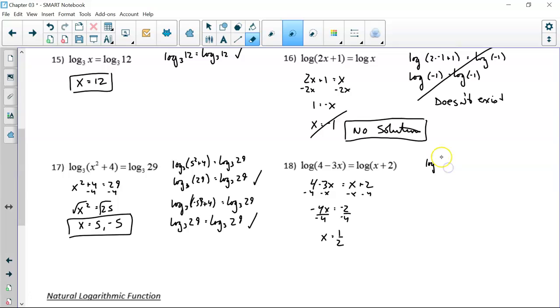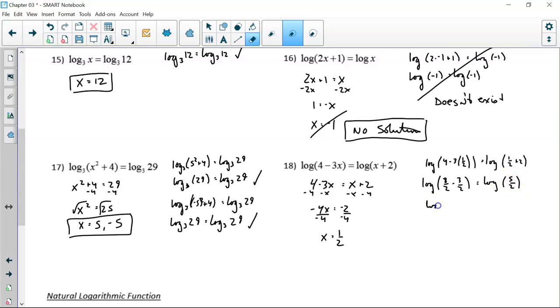Log of 4 minus 3 times 1/2 equals the log of 1/2 plus 2. So it's the log of 4 over 1, which is the same as 8 over 2, minus 3 halves. Log, and 1/2 plus 2 is the same as 5 halves.